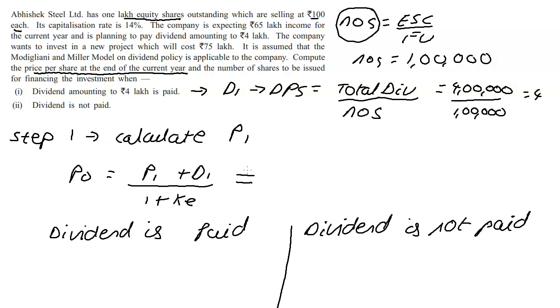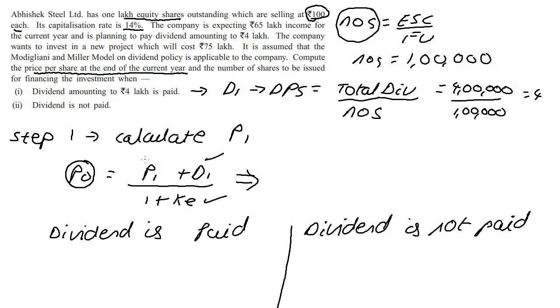And now we can continue. We have the value for D1. We have the capitalization rate, which is KE. They're saying it is selling at 100 each, so what we have over here is the P0.